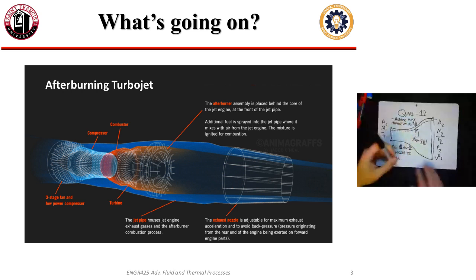So we're going to ignore anything not parallel to the nozzle axis. Nozzle axis being something like that, just the center line of the nozzle.